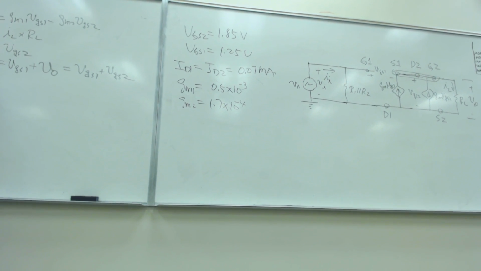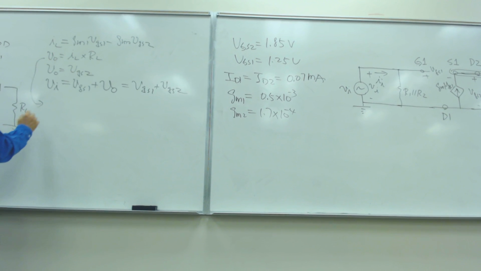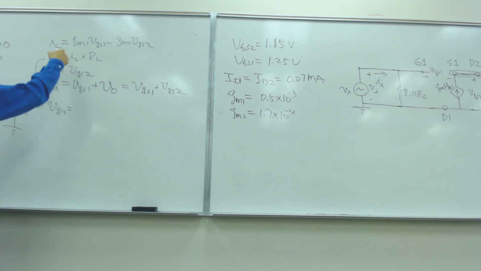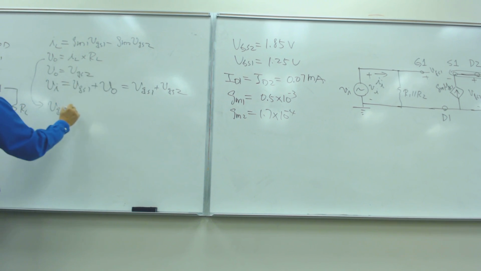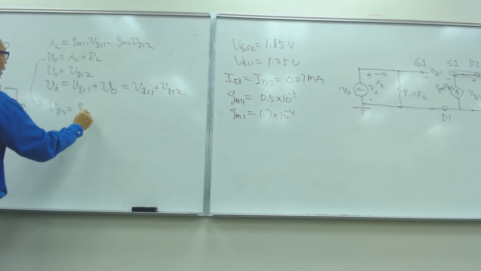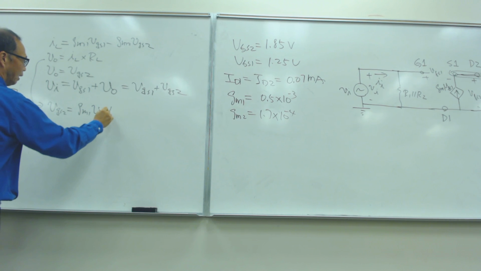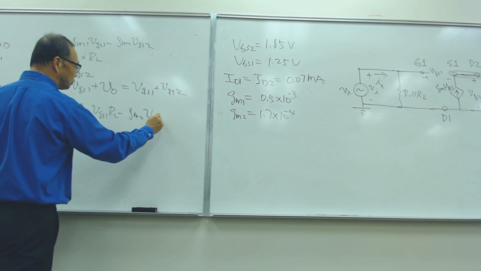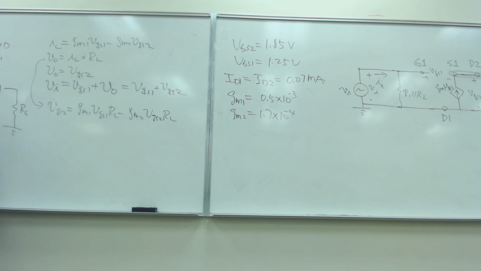So basically from here, you have VGS2 equal to that times that, right? So it's GM1 VGS1 RL minus GM2 VGS2 RL. Yes? So basically, I got this equation from the three.